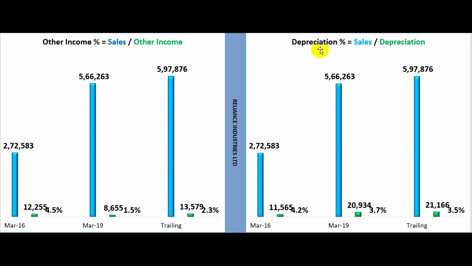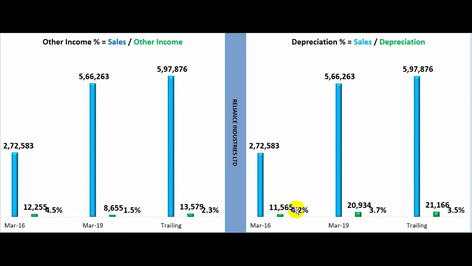In terms of depreciation, how much depreciation is being charged to the P&L account every year? In March 16, the depreciation was 4.2%. This is not the depreciation rate but the actual percentage of the total sales. In March 16, it was 11,000 crores of depreciation.